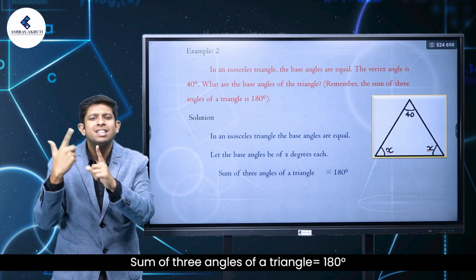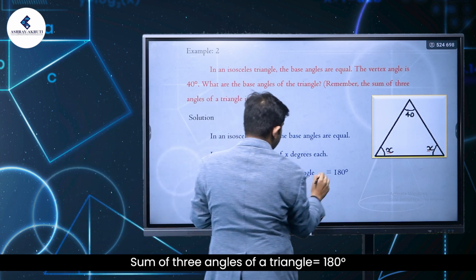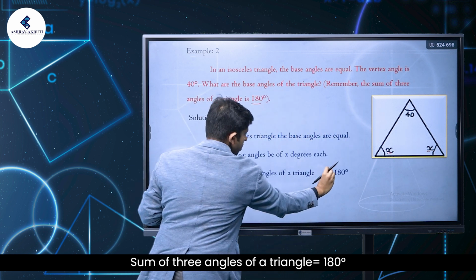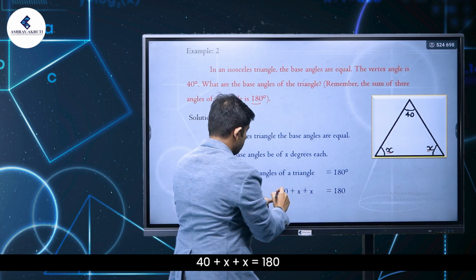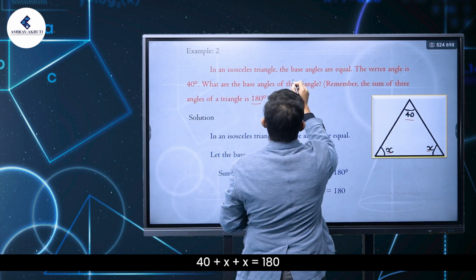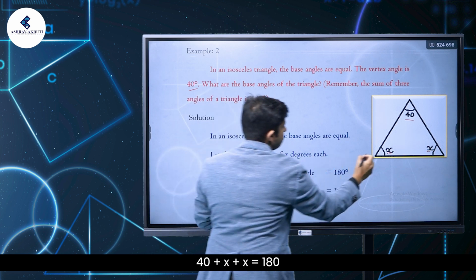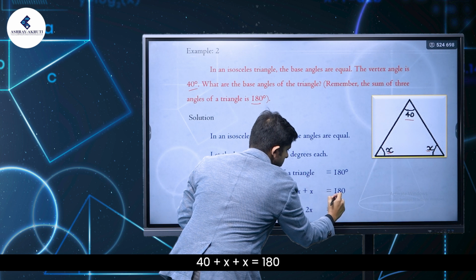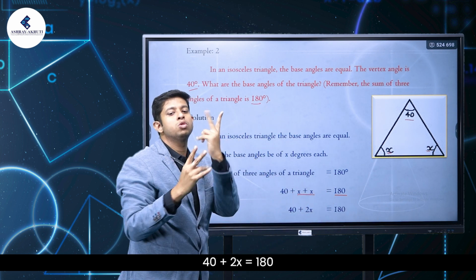Sum of three angles equals 180 degrees. 40 plus 2x equals 180.